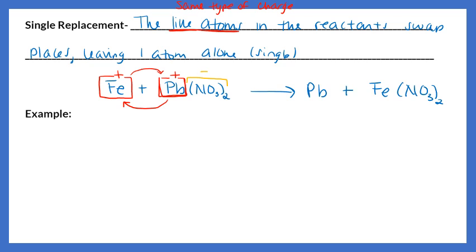Okay, and to decide what charges they actually have, you get to reverse the crisscross. So you see this 2 out front of the NO3? That means that lead is not only a positive charge, but it's a positive 2 charge.